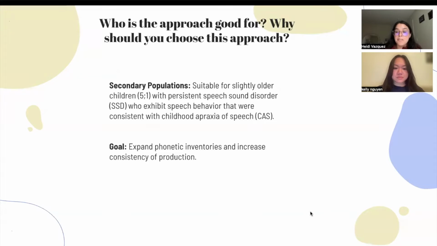The secondary population is suitable for slightly older children, ages 5 years to 5 years 1 month, with persistent speech sound disorders who exhibit speech behaviors consistent with childhood apraxia of speech. The goal is to expand phonetic inventories and consistency of production.